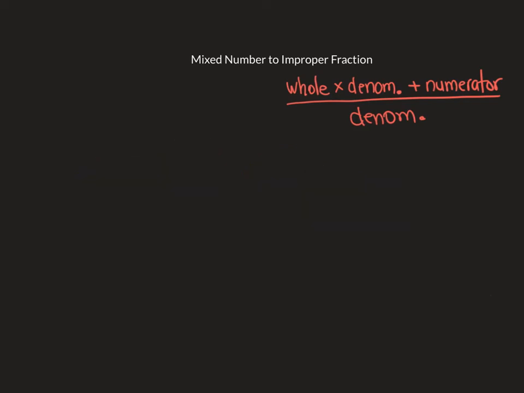Let's try another one, and you can do it as we do it. So we're going to start with 9 and 3/4. So I'd like you to convert that into an improper fraction. Remember to use this tip up here to help you do that.